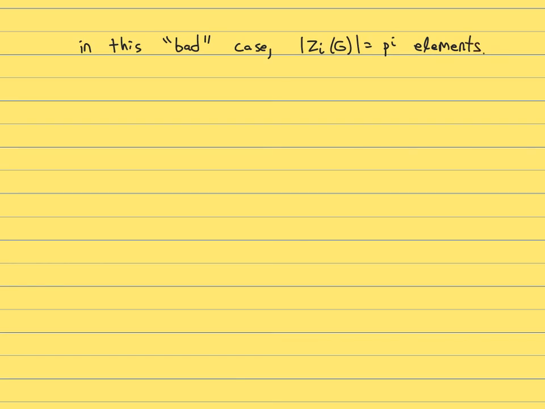So the remarkable part of the theorem isn't just that you have nilpotency, it's that this particular case doesn't actually happen. And the problem here is then Z_{n-2} of G has p to the n minus 2 elements. So when you take that quotient, it has order p squared. All groups of order p squared are abelian.